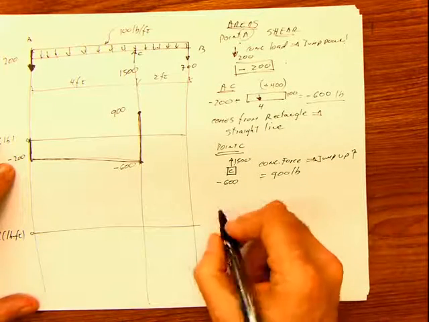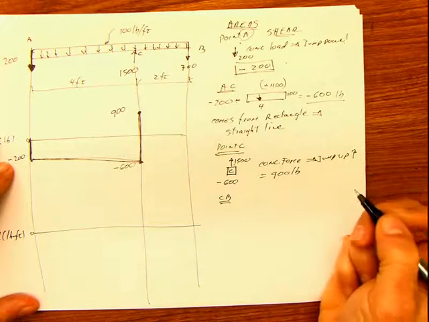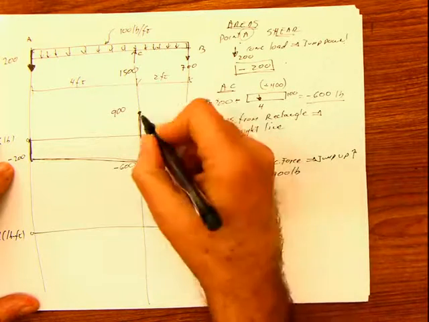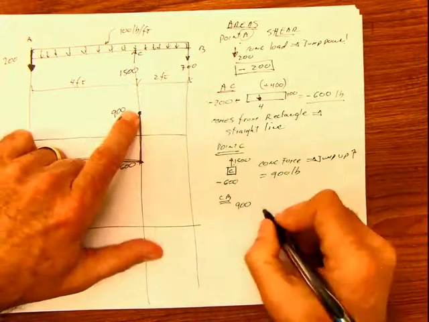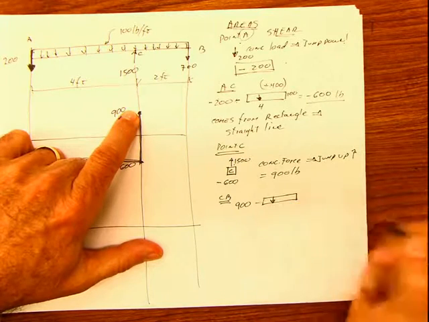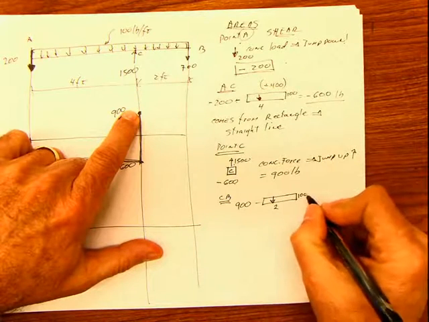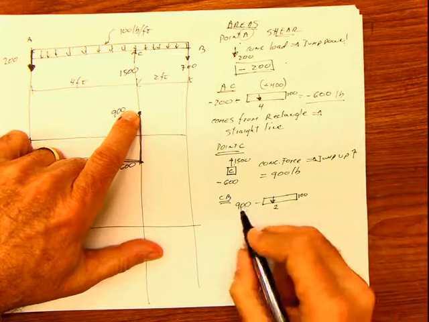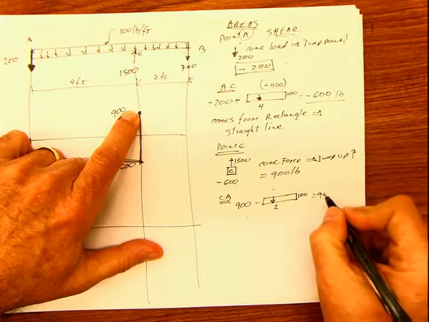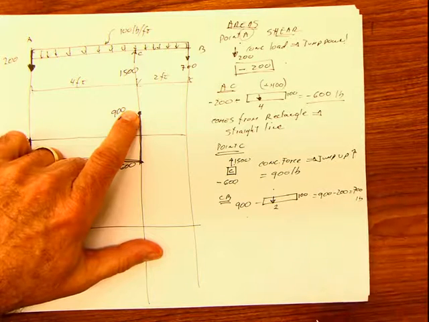And now we go to the span CB. And then you start from your 900 that you have here in the diagram, and then you find this area, and this area is negative because, remember, it's negative because of this, and this is 2 times 100, so you say 900 minus 200, that's going to be equal to 700 pounds.